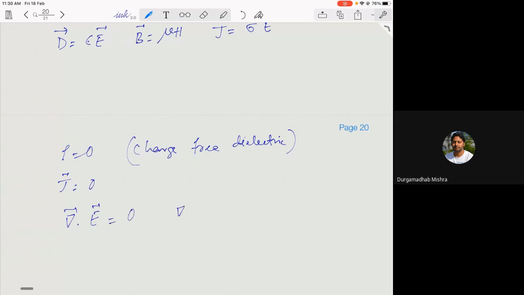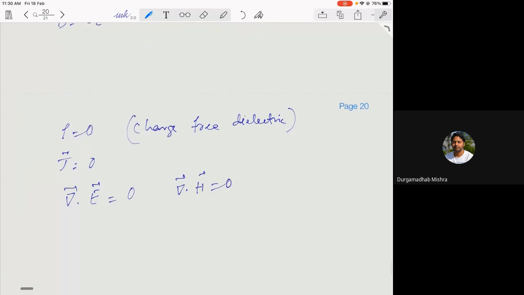Del dot H is also equal to 0, so both B and H are divergenceless. Curl of E is equal to minus mu del H by del t, and curl of H is equal to epsilon del E by del t. So it becomes a little simpler.